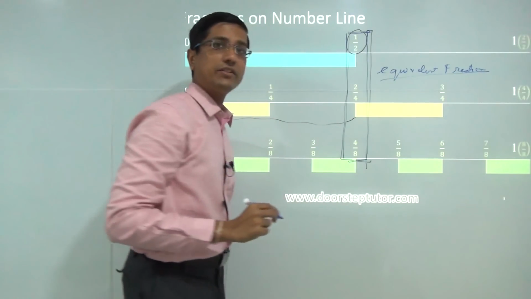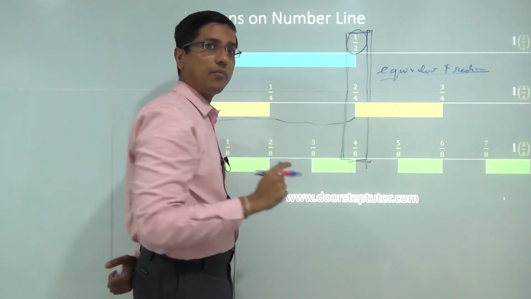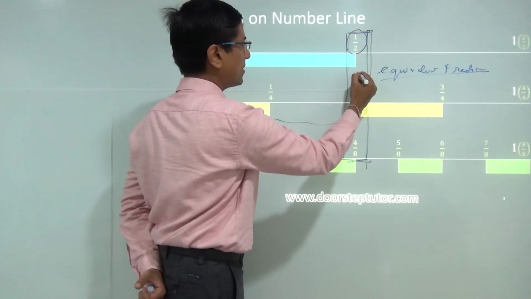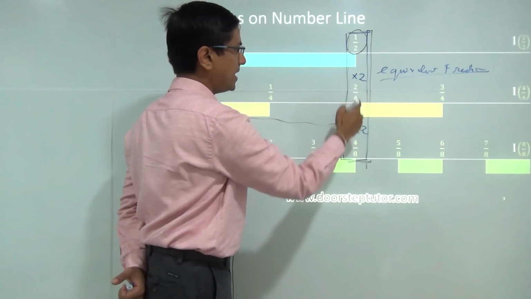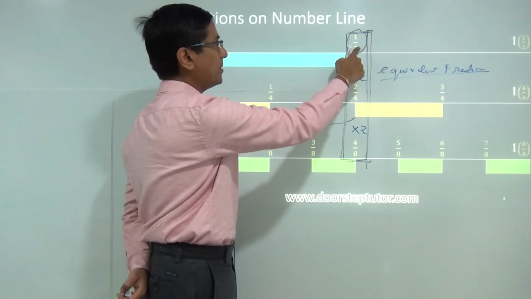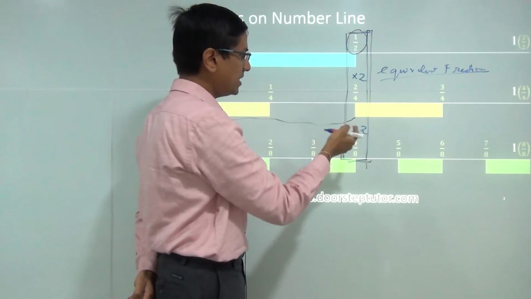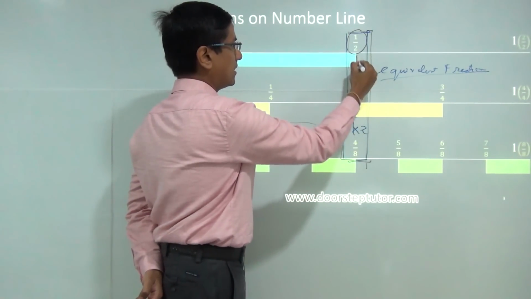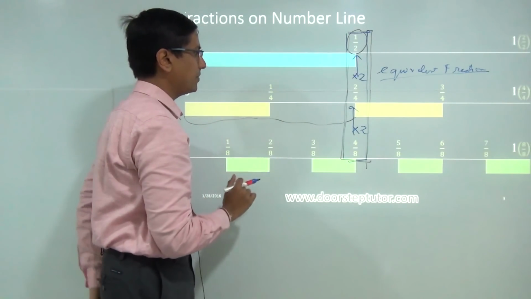In other words, if I multiply the top and bottom of a fraction by the same number, from here to here I have multiplied by 2, from here to here again I have multiplied by 2. If I multiply the top and bottom by the same number, I get equivalent fractions. Similarly, if I divide top and bottom by the same number, I get equivalent fractions.